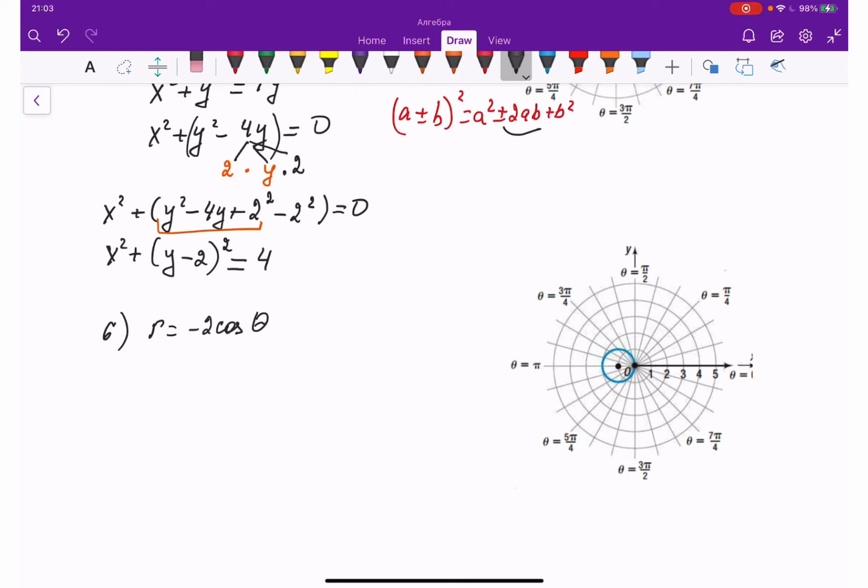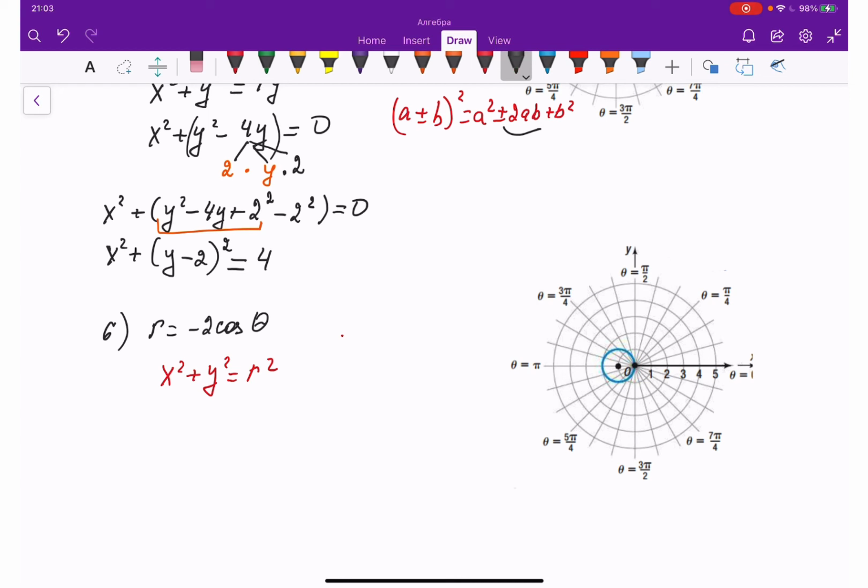Okay, so because we need r squared, and for our rectangular system, the formula for a circle is x squared plus y squared is equal to r squared. And obviously we need to get r squared, and we have only r. Therefore, we are going to multiply by r, right?